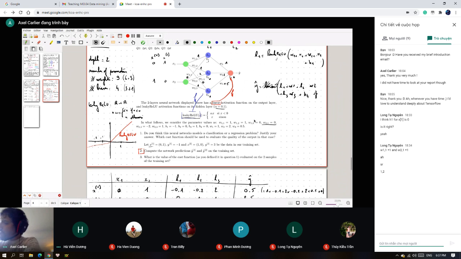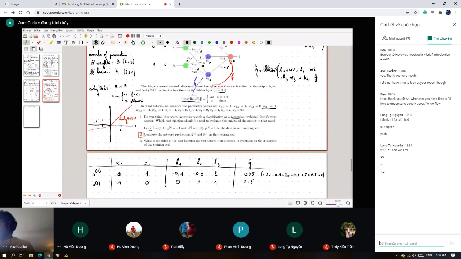And here, I was asking last year because last year I spoke a little bit about regression. This year I don't speak much about it, so this year I would not ask you such a question at the exam, but still, the question is: do you think this neural network models a classification or a regression problem? The answer is given by looking at this y-hat. You see, y-hat allows you to predict 0.5, 2.5, so it looks like continuous values for this output.